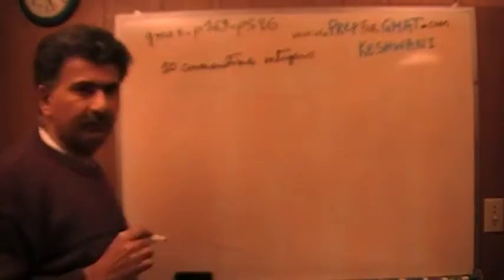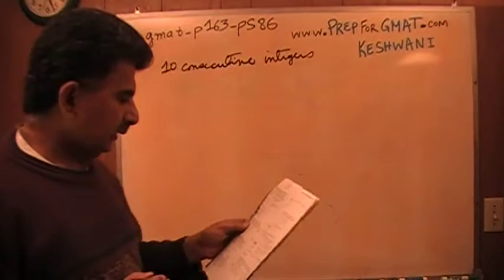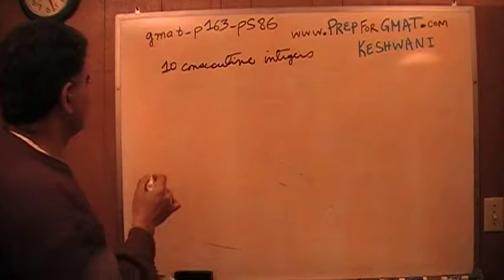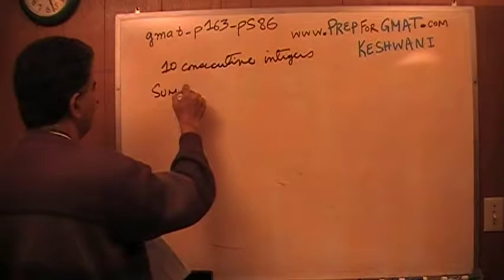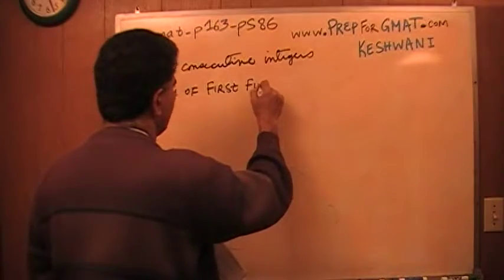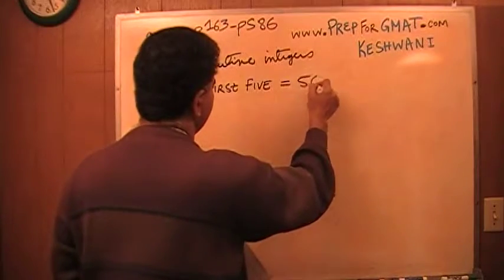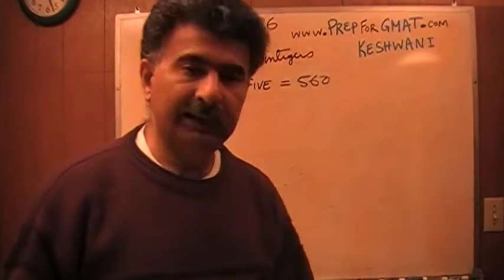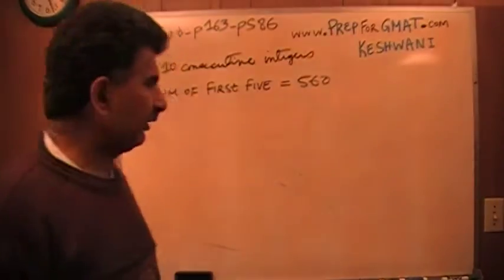What does integers mean? It just means whole numbers, 10 of them. And we are told that the sum of the first 5 equals 560. The question simply is, what is the sum of the remaining 5 that come after the first 5?